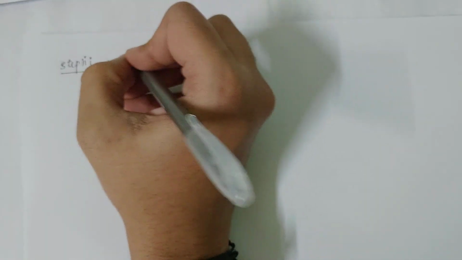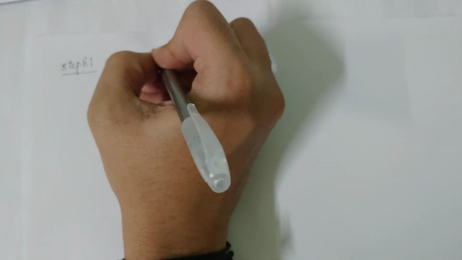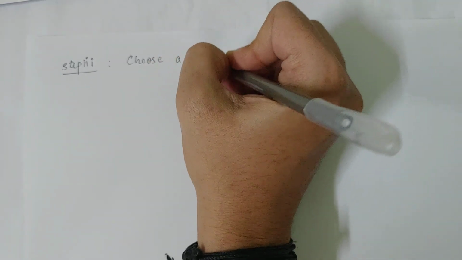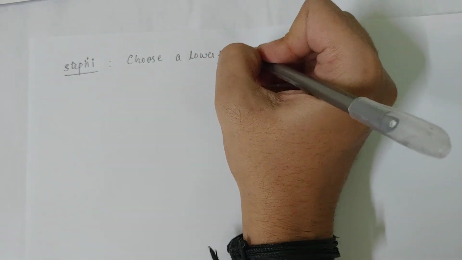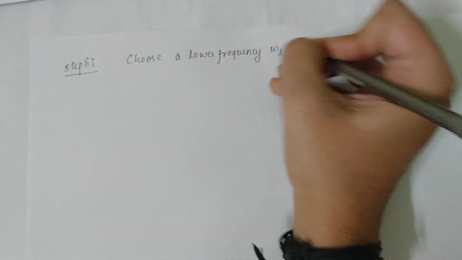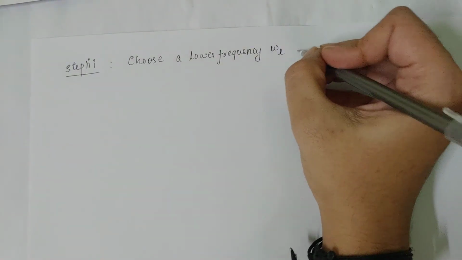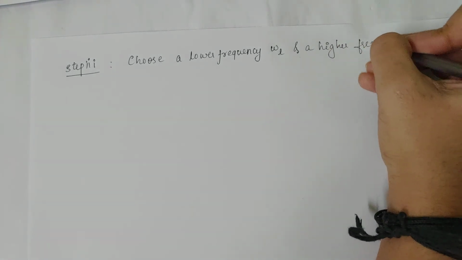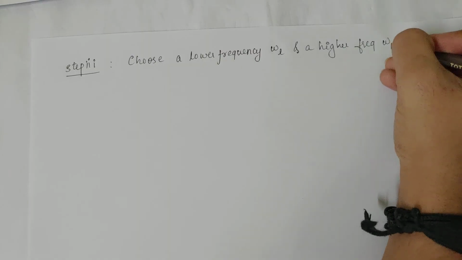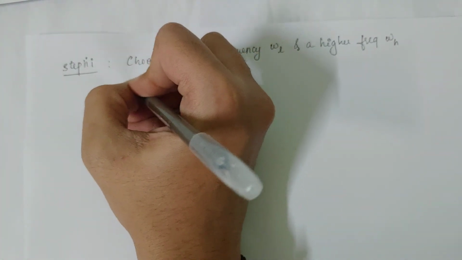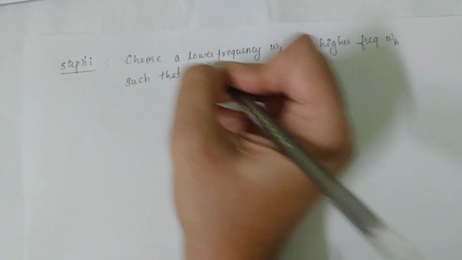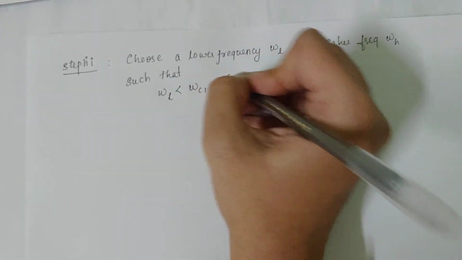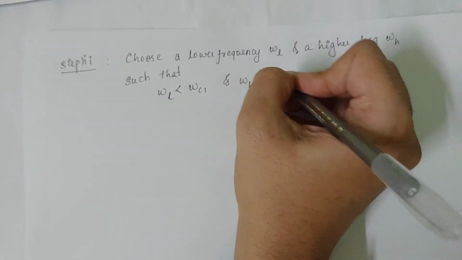Choose a lower frequency omega L and a higher frequency omega h such that omega L should be less than omega C1 and omega H should be greater than omega C2.